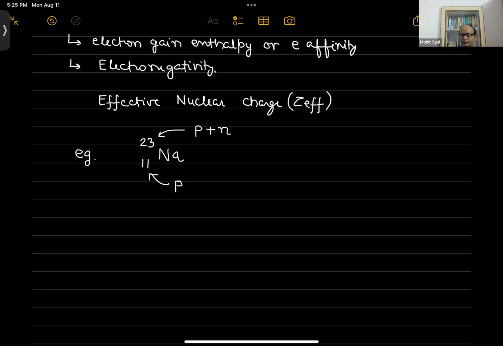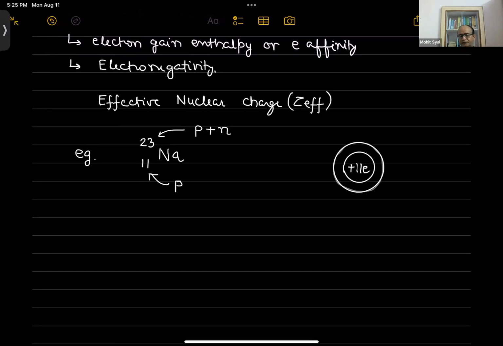So now you have a nucleus. The nucleus will have a charge of 11 protons. A proton has plus e charge, an electron is minus e, same magnitude but opposite in sign.